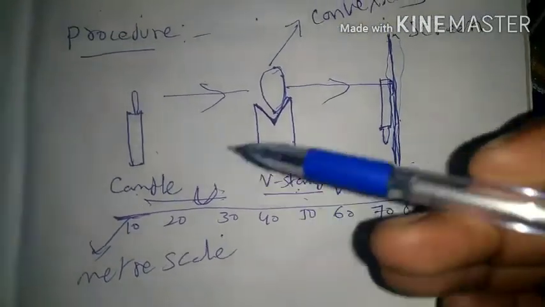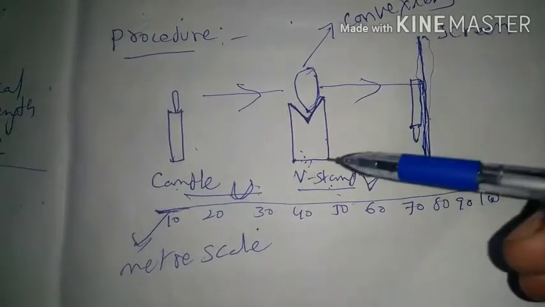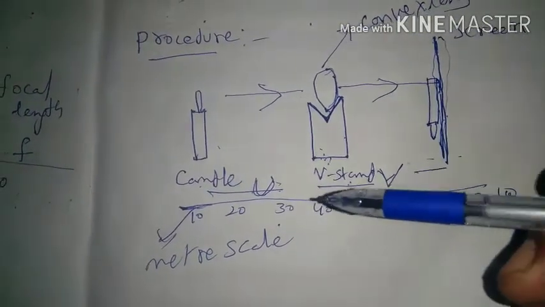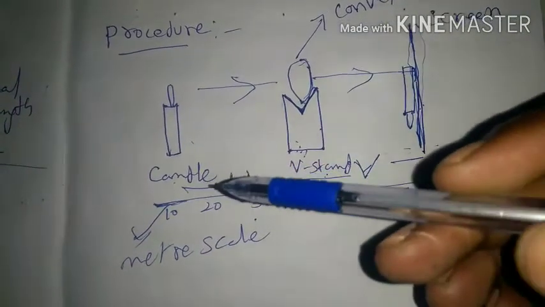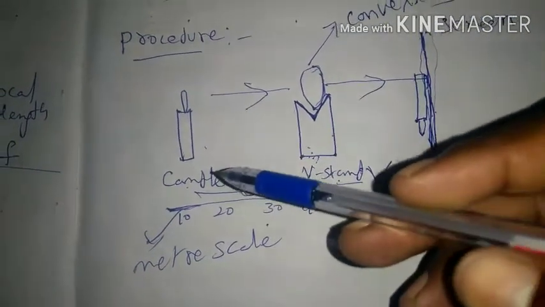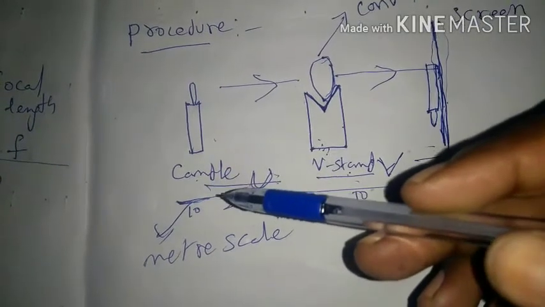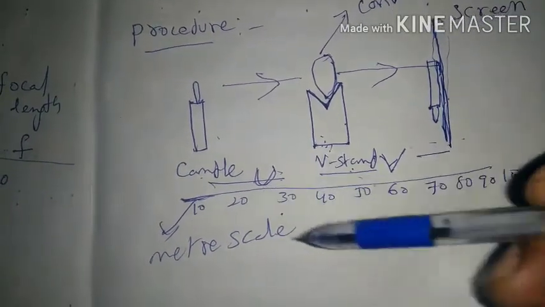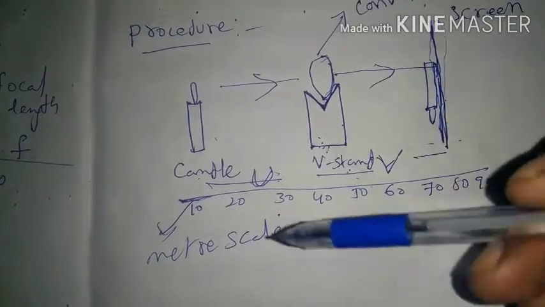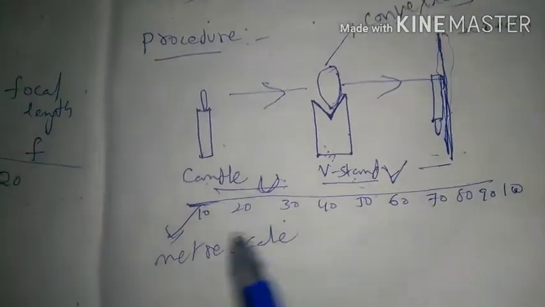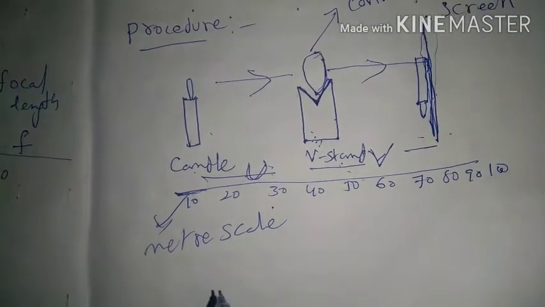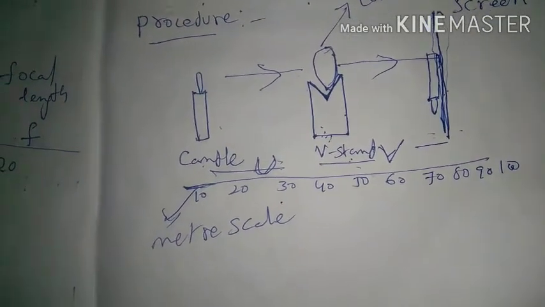Okay, repeat these steps. I am taking the last value, the candle at a distance of 46 from the lens, such that the flame of the candle is on the principal axis of the lens. Try to get an image of the candle flame on the other side, on the screen.